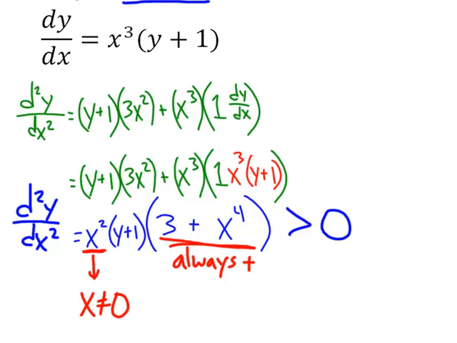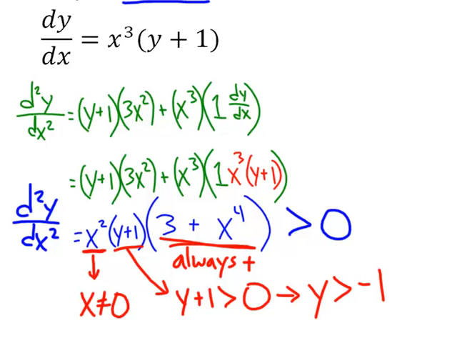Okay, so with that exception, x being 0, if this is always positive, and other than x being 0, this is always positive, that means that this middle factor has to be positive as well. So let's write the inequality. y plus 1 has to be greater than 0. And that's the same as saying, if I subtract 1 from both sides of the inequality, y has to be greater than -1.